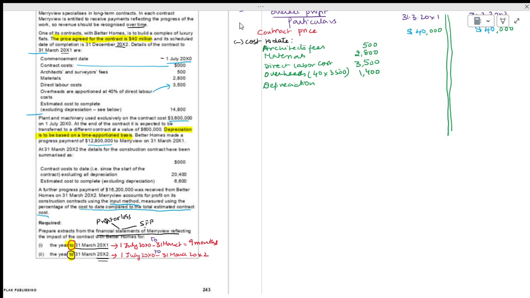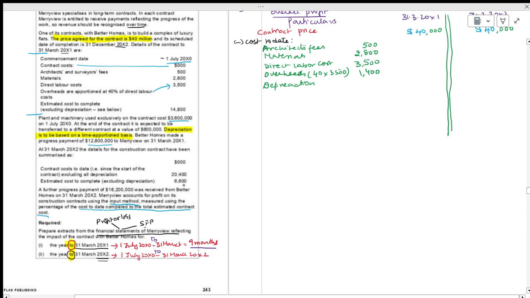Listen carefully. Here, what they are saying: prepare the extract for financial statements reflecting the impact on the contract price for the year 2, means from 1st July to 31st March, and from 1st July to 31st March 2002. Here how many months are there?